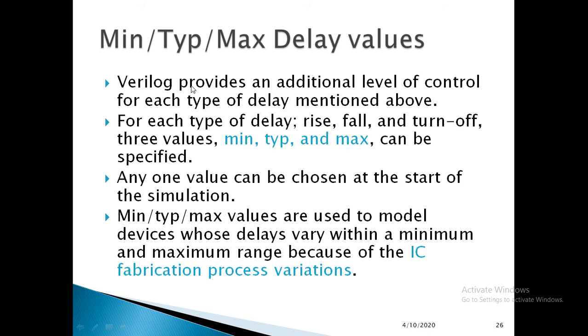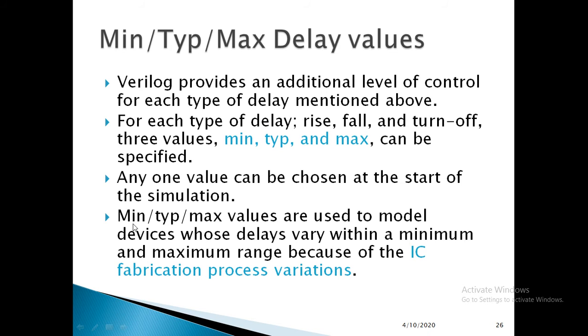Now, an additional level of delay control: minimum, typical and maximum delay values are used. These are keywords: min, typ and max. These should be chosen at the start of the simulation. The purpose of these delays is that fabrication process variations are included.